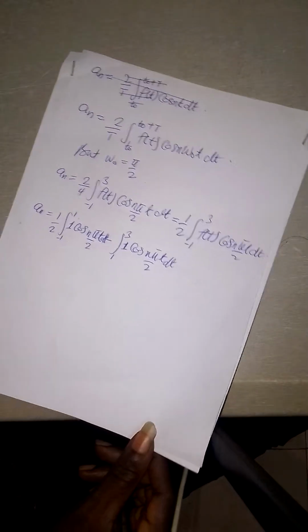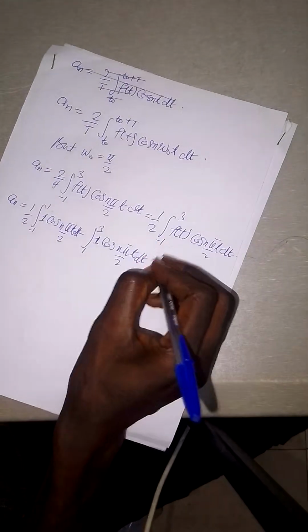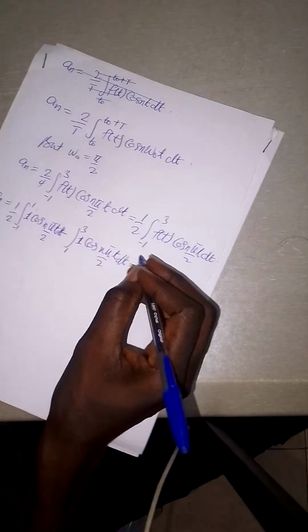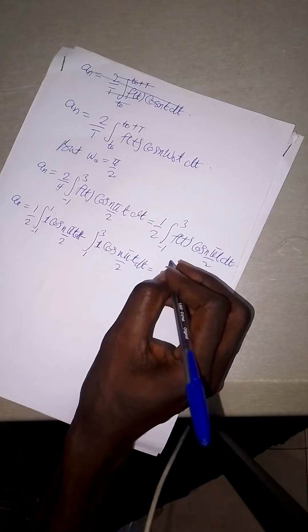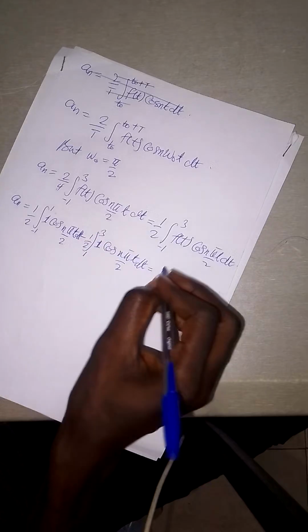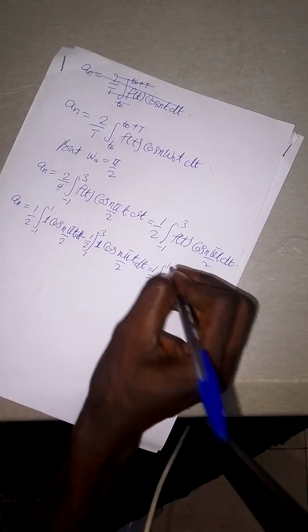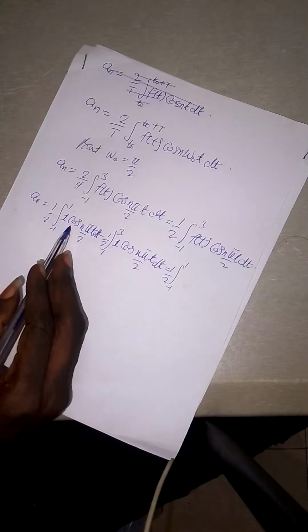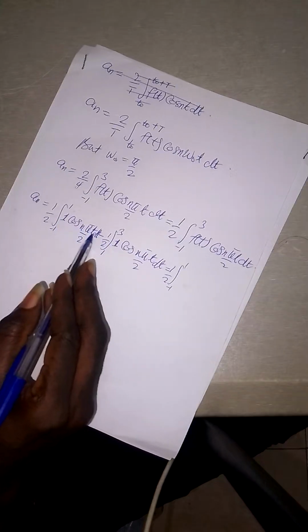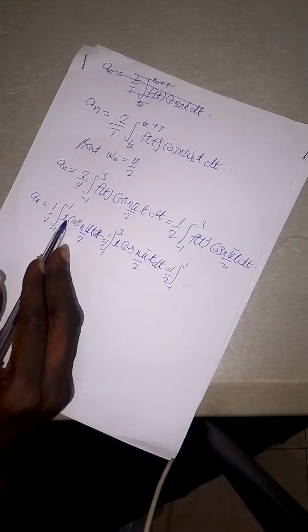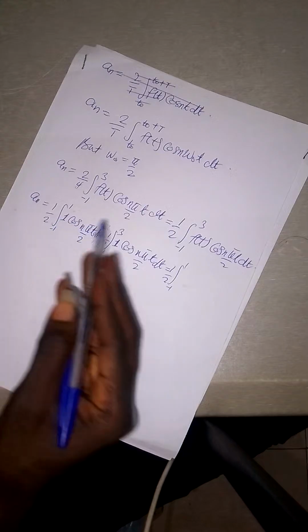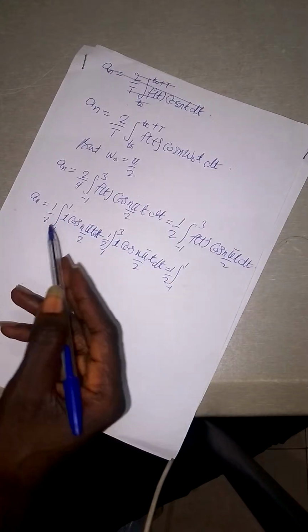Now what I have written is the same thing as having 1 over 2 into the integral from minus 1 to 1 of 1 cos n pi t over 2 dt, which is the same thing as cos n pi t over 2 dt, because anything multiplied by 1 is that same number.